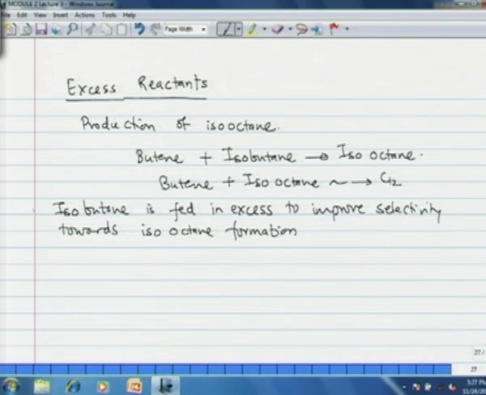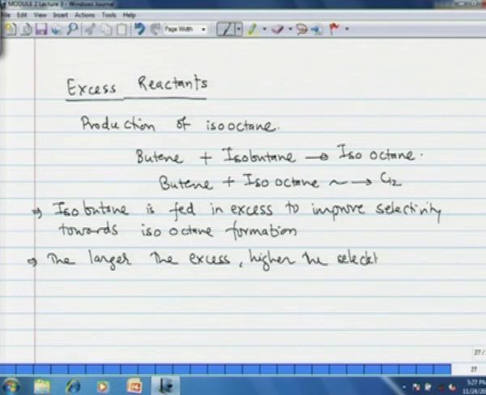The larger the excess, the higher the selectivity. However, the stoichiometry is same.